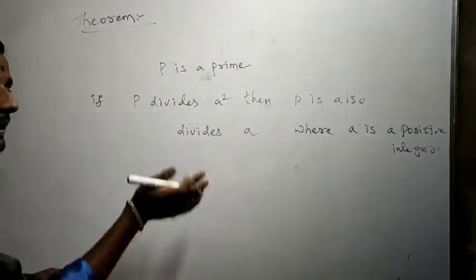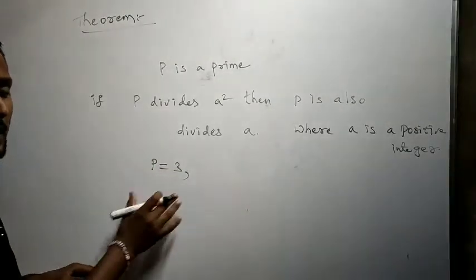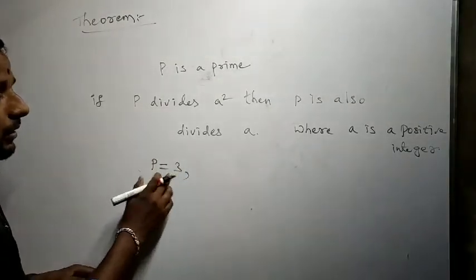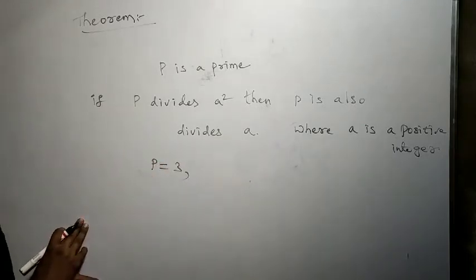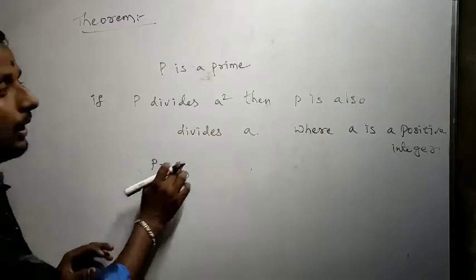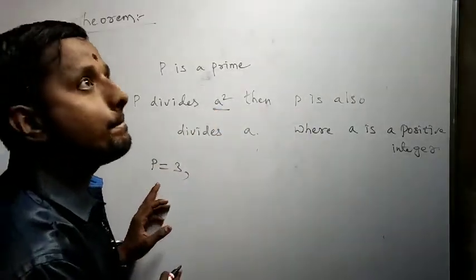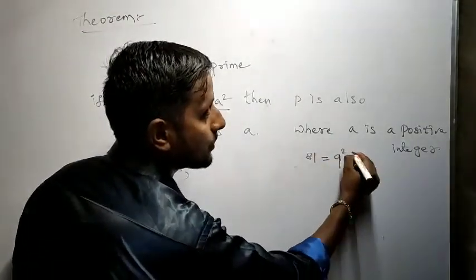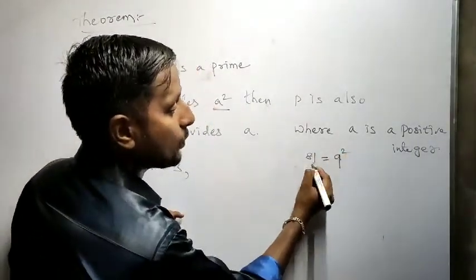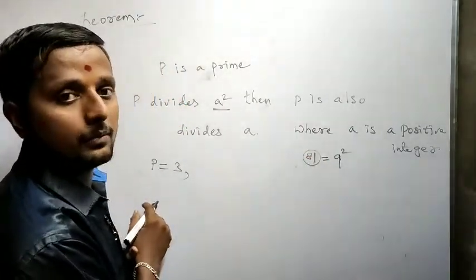Let's see an example. Let's think 3 is a prime number, we know, and look at a number which is divisible by 3 and can be expressed in the form of a square. I'll take 81, because 81 is 9 square, am I right? And 8 plus 1 is 9, so 81 is divisible by 3, correct?